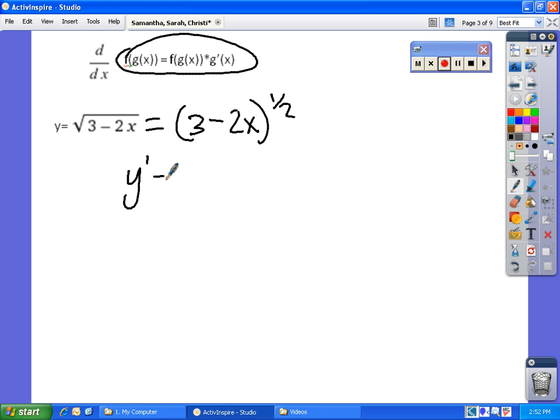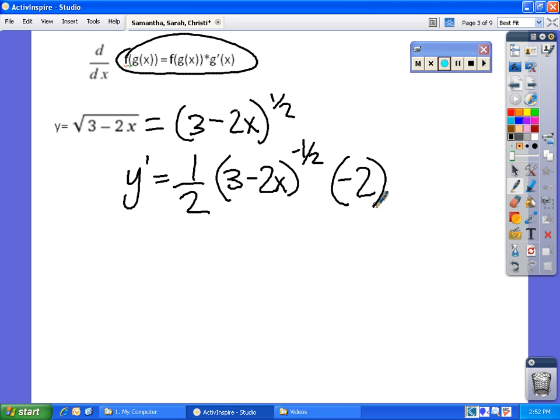So y prime equals, you bring down the 1/2, and then you keep the inside the same. And then subtracting 1 from the power, you get negative 1/2, and then you multiply by the derivative of the inside, which is negative 2, which all equals negative 1 over the square root of 3 minus 2x.